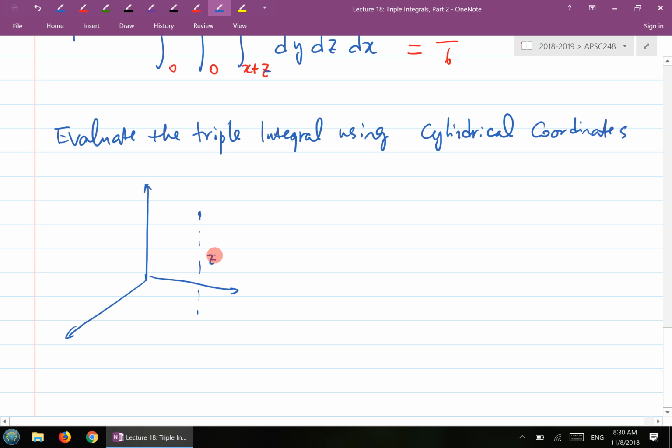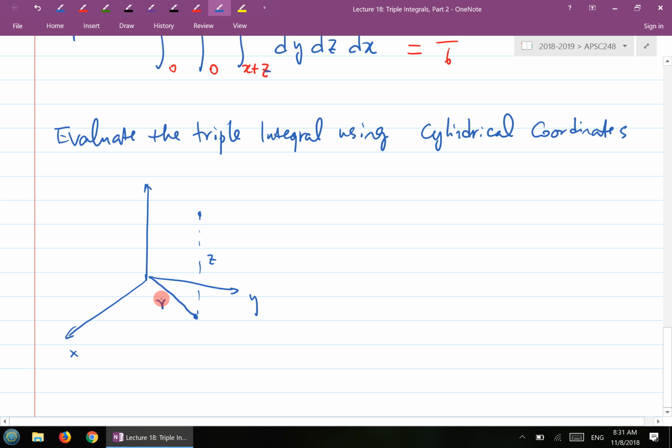And second, once we find this projected point in the xy plane, we connect the origin with this point. When you connect the origin with this point, as you learned, in the xy plane this is part of the so-called polar coordinates, right?